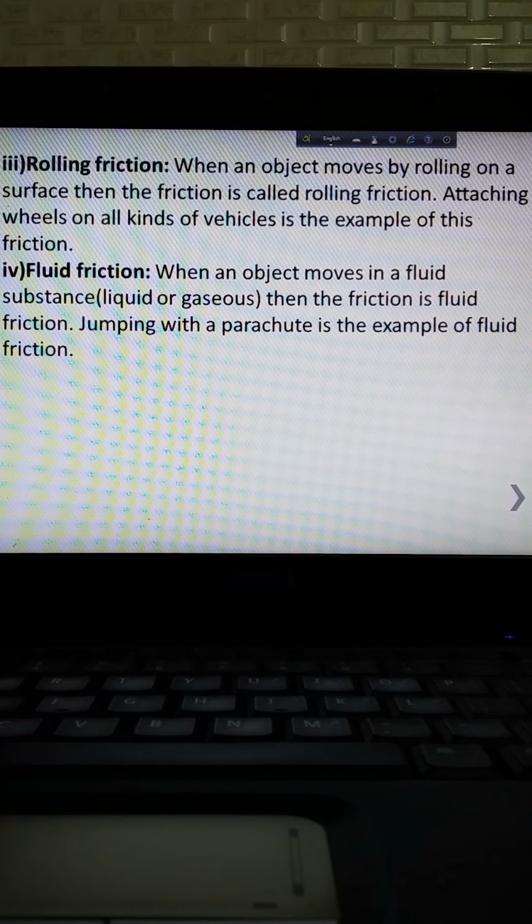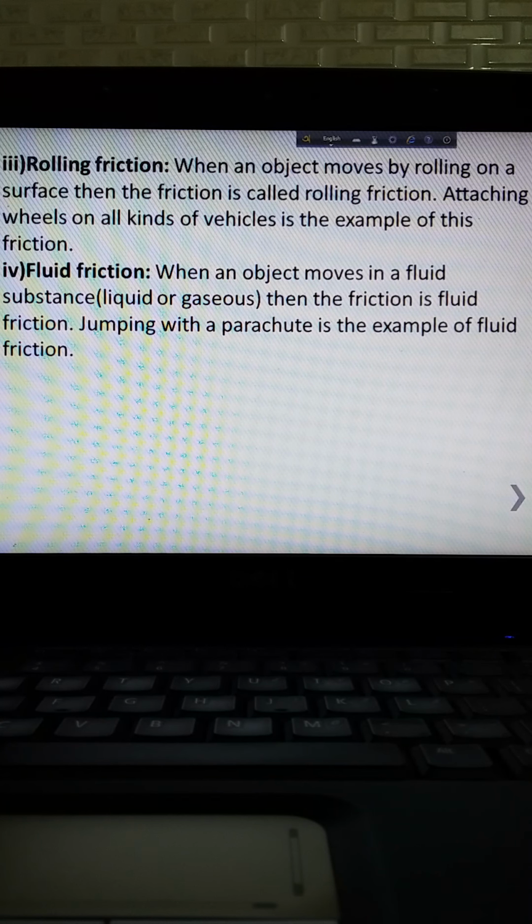Whenever we try to pull something, for example a trolley bag, we see that because of the wheels, the movement of the bag becomes quite easier. So the common example of rolling friction is attaching or using wheels on vehicles.